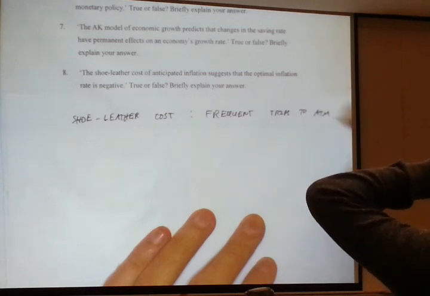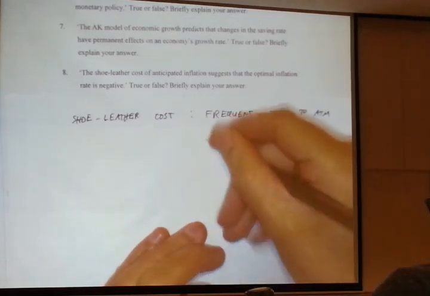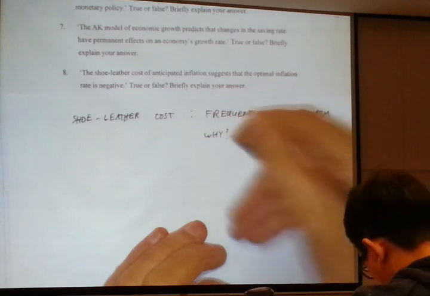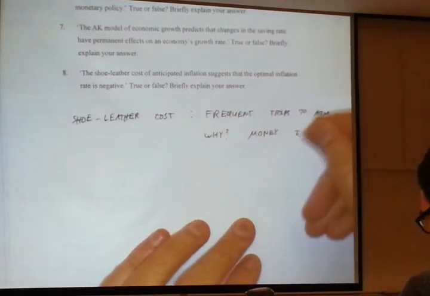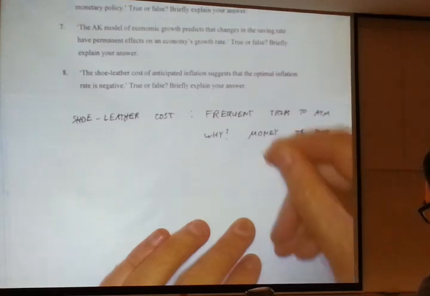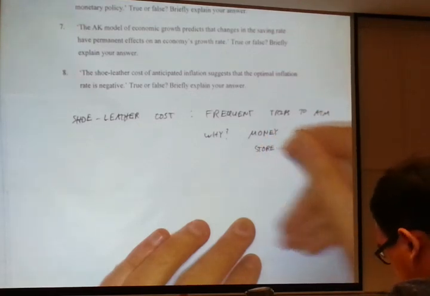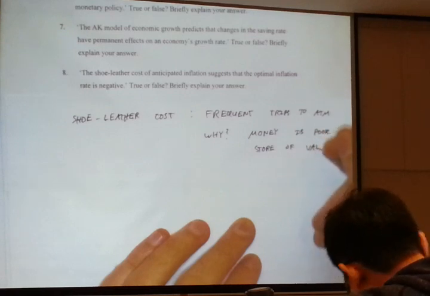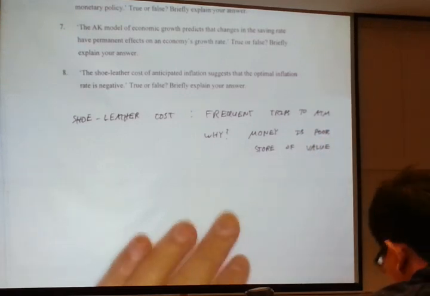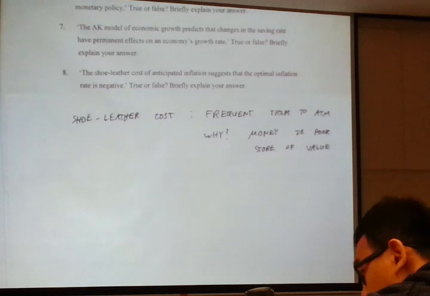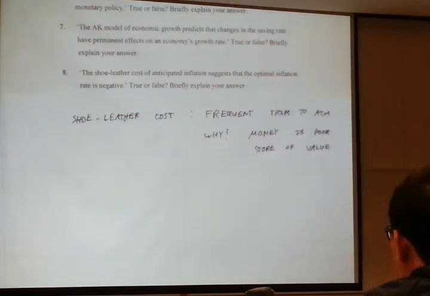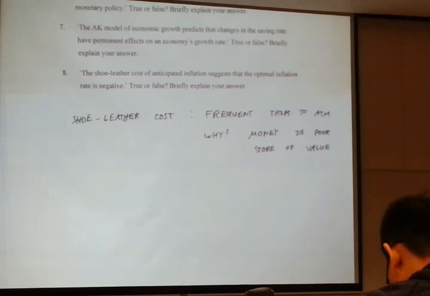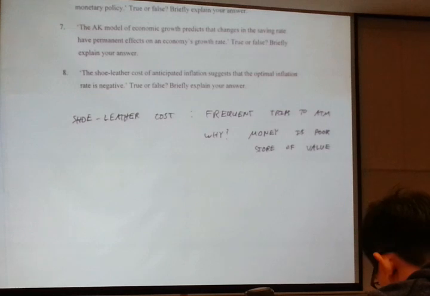Frequent trips to the ATM. Why do you do this? Because money is a poor store of value. Of course, the fact that it's a poor store of value means relative to other assets. If every asset was a poor store of value, going to the ATM more often wouldn't make any difference.